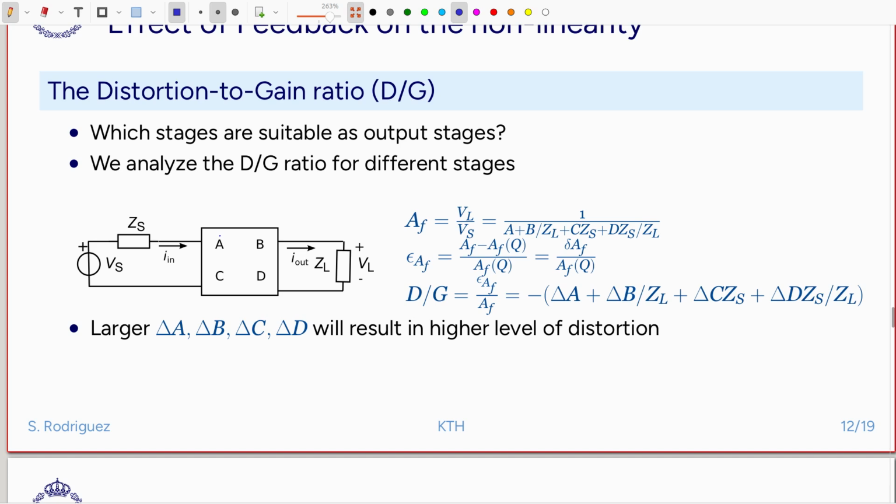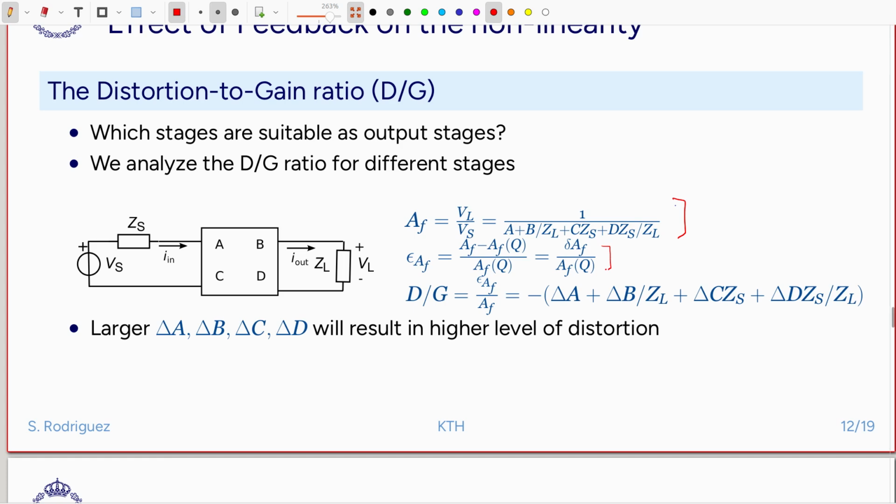And then if we do that, we can extract the total gain. The gain is output voltage divided by input voltage, and once we express this as a function of the ABCD parameters, we have the following equation. Now if we extract the differential error, basically an excursion of the gain from its operating point divided by the gain at the operating point, then we have the following expression.